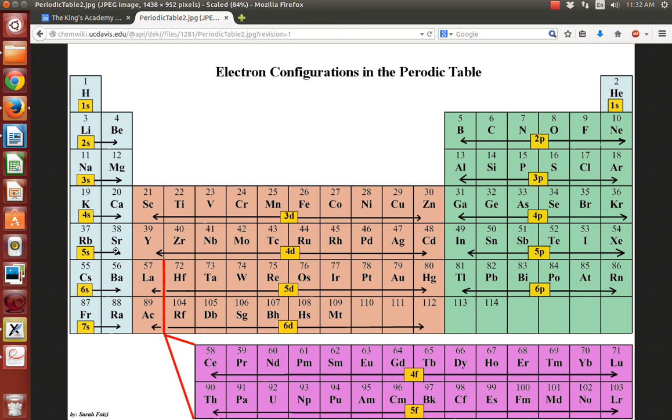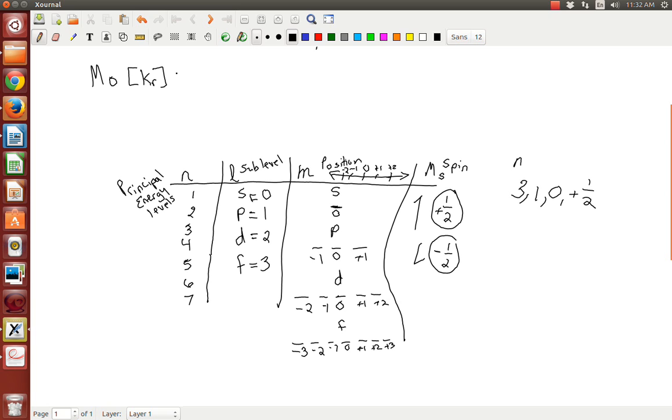Looks like 5s2 and 4d1, 2, 3, 4. 5s2 and 4d4. Okay, let's write the orbital notation for this.